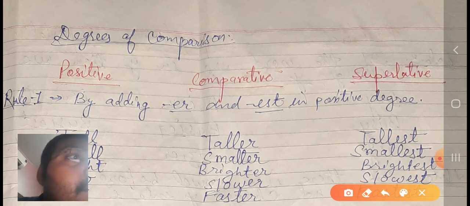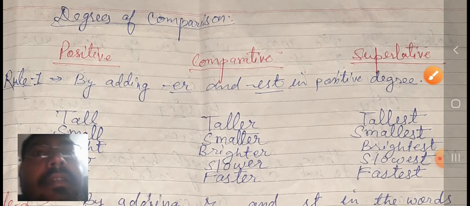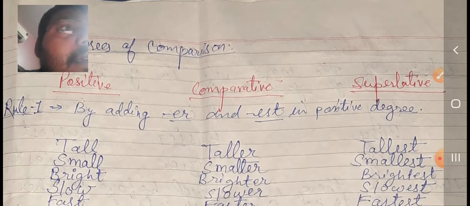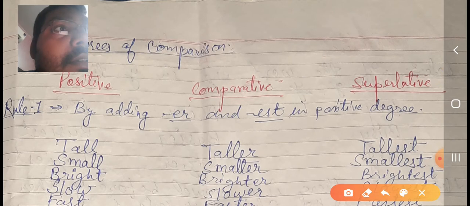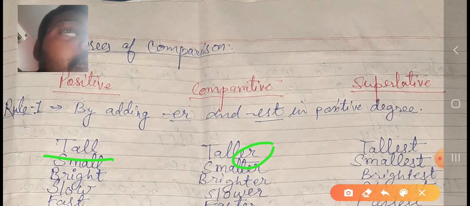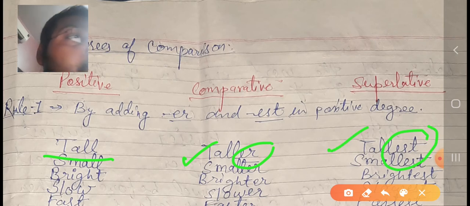Here you can see that there is a word tall and we add ER in this. This ER is added in tall and we get taller, and we add EST and then we get tallest.